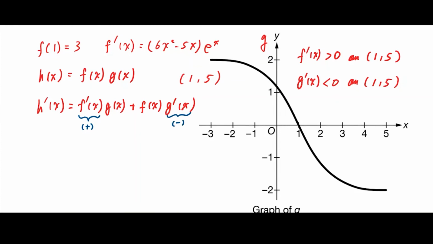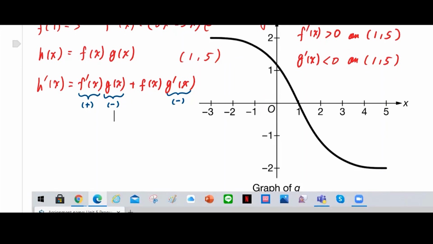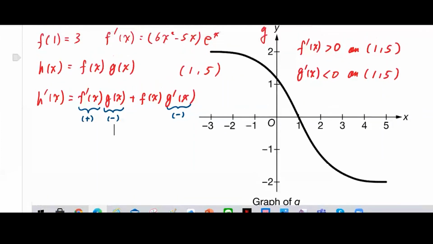Okay, what about g of x? G of x from 1 through 5 is negative, isn't it? By looking at it. So this is negative. Now, this is not showing your work. I'm just trying to explain what's going on, right? And then the only thing is this: is this positive or negative? Well, we have to get it out of this information we have, okay? So let's just think about it here. I'm running out of space, so I'm going to write it on this corner right here.